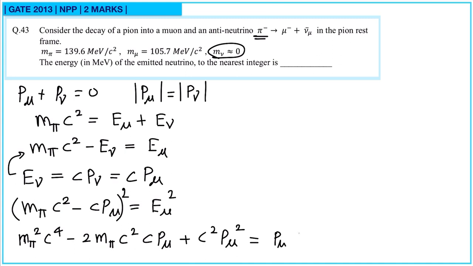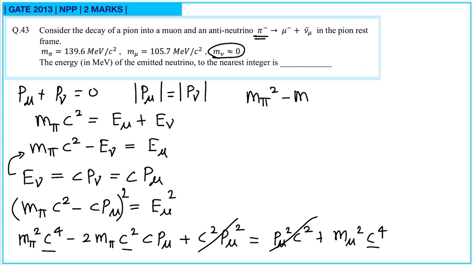So the kinetic term is p mu square c square, and the mass term will be m mu square c raised to 4. So these two terms will cancel out. Throughout we can cancel c square here. So finally we will get m pi square minus m mu square, whole thing into c square, equal to 2 into c into p mu into m pi.